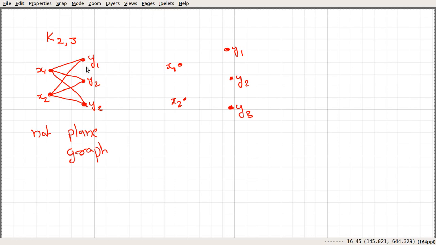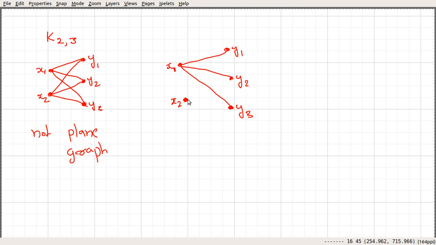That says we could redraw this particular graph in such a way that there is no edge crossing. So let's try for this one. Here we have these three edges from x1 to y1, x1 to y2, and x1 to y3. We are trying to draw a plane graph, so you are not allowed to cross edges.